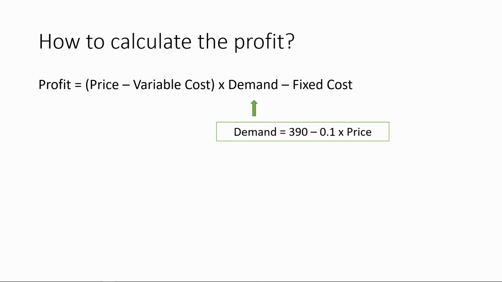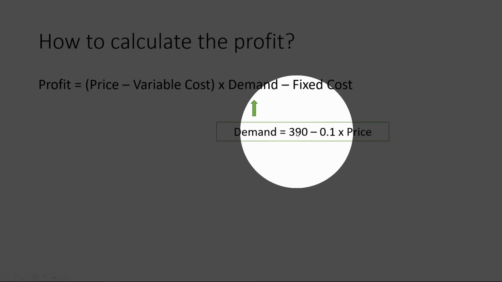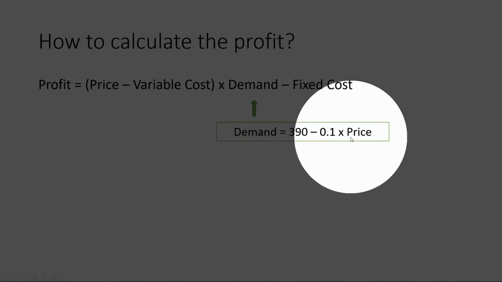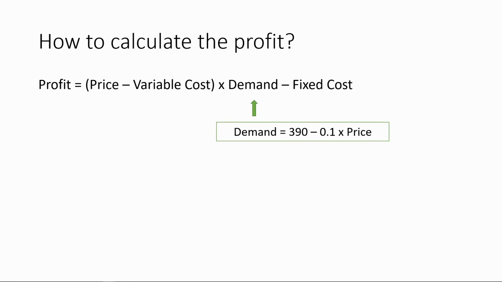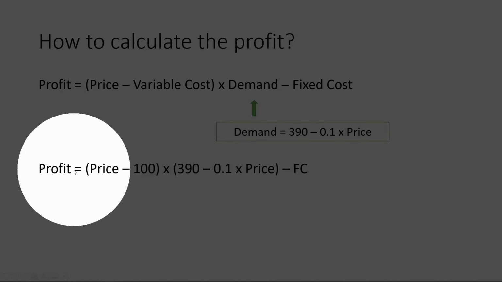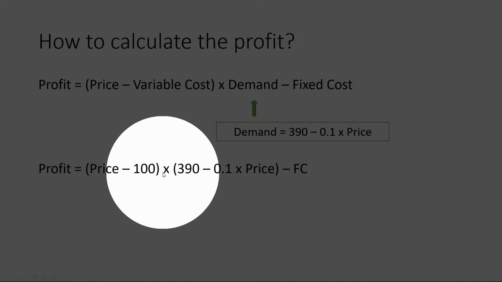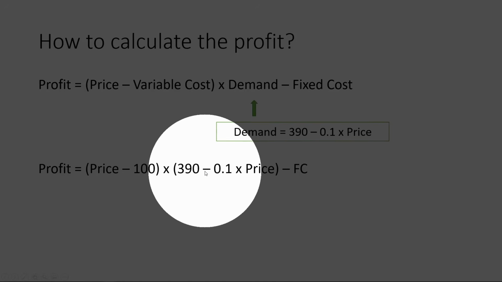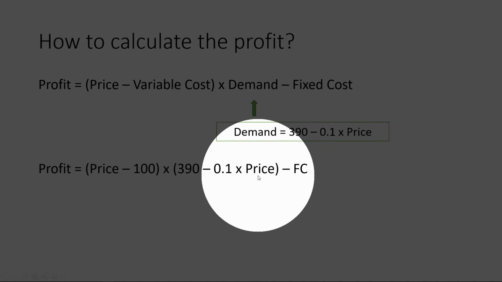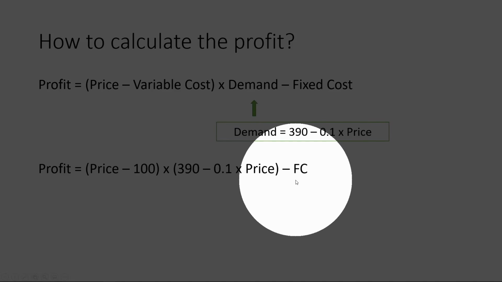The formula for demand, given the demand curve, is demand equals 390 minus 0.1 times price. If we plug demand into the profit function, we have profit equals price minus 100, that is the variable cost, times 390 minus 0.1 times price, and then minus the fixed cost.